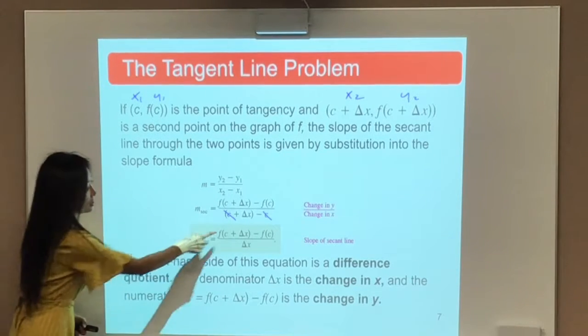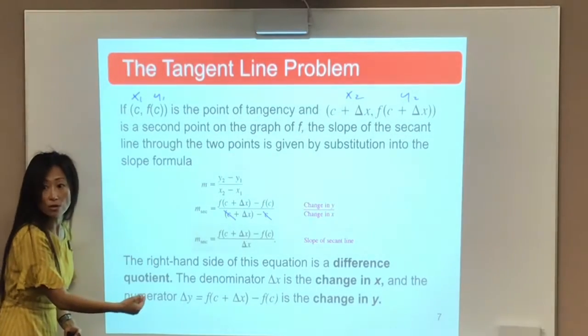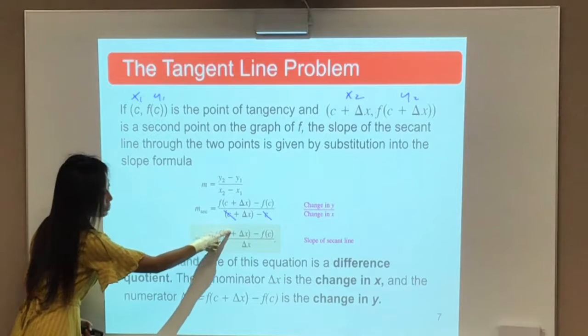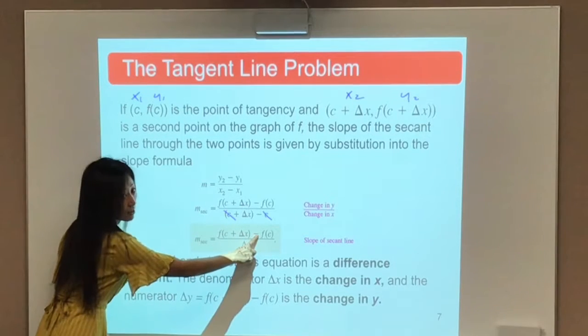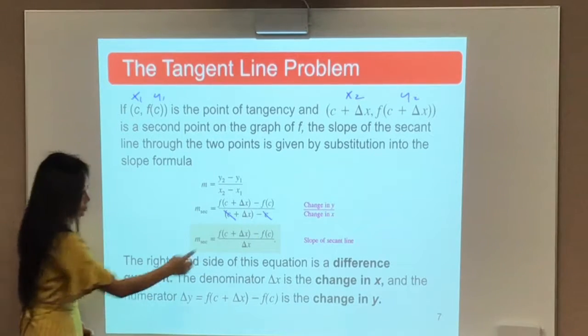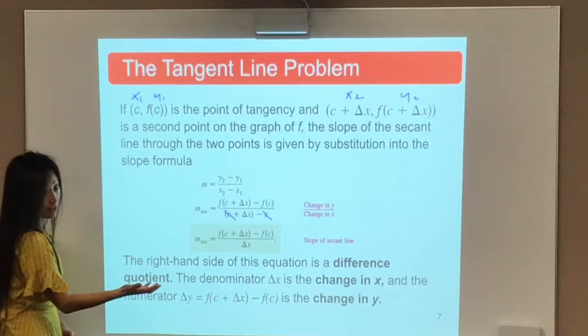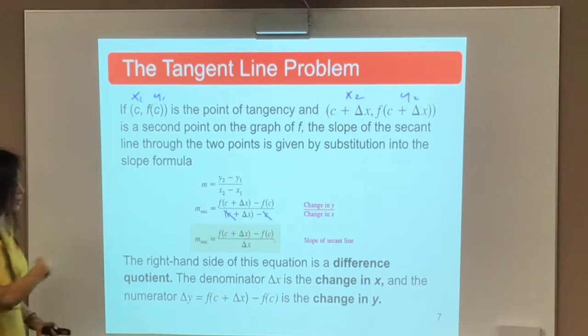So the right hand side of the equation is what? Difference quotient. This is a quotient, right? A rational function is also called a quotient. This is a numerator and denominator. This is your quotient. So you have a difference, right? Difference quotient, just like what it is. You're subtracting, so difference. This function right here is called a quotient, so difference quotient.